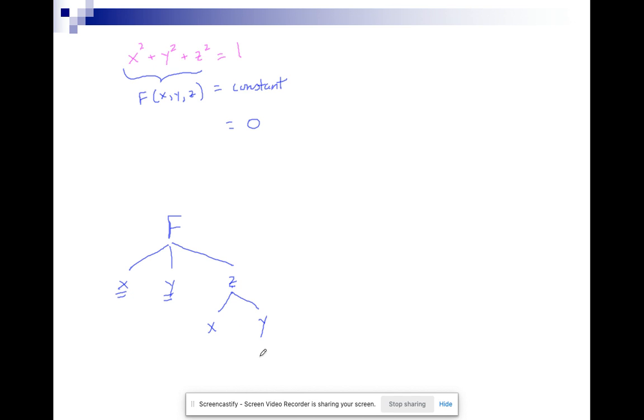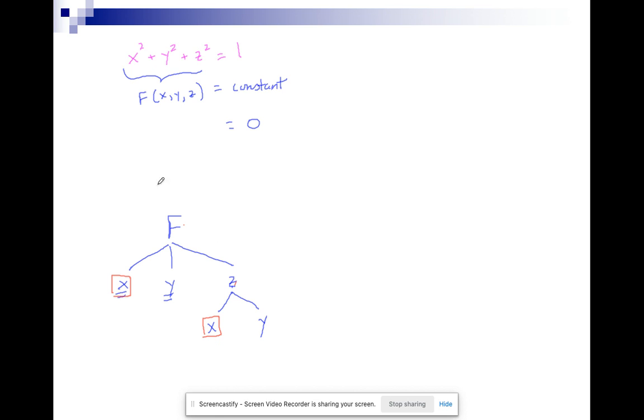So how would I find the derivatives, right? What if I want to find the derivatives with respect to x? Now remember, this is the same thing as saying z, right?